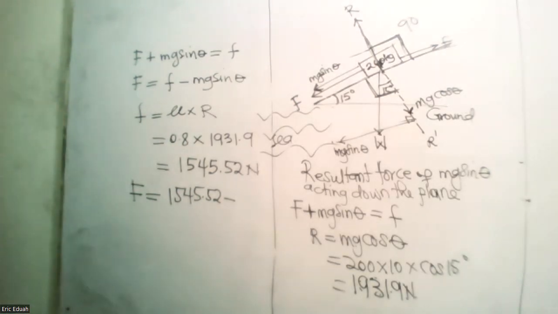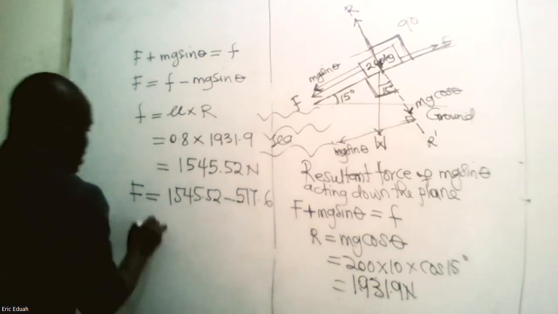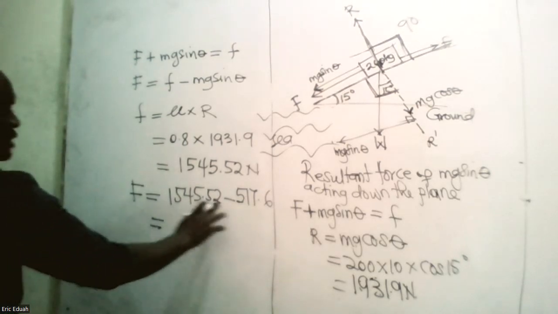So 200 times 10 times sine of 15, that is 517.6. So subtract that from the frictional force.